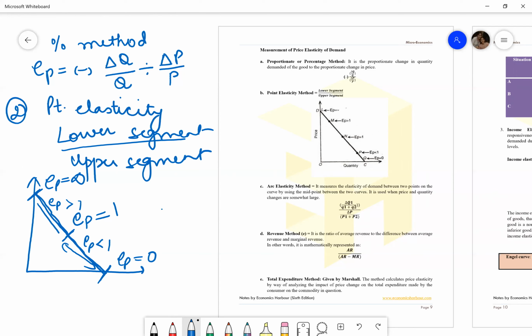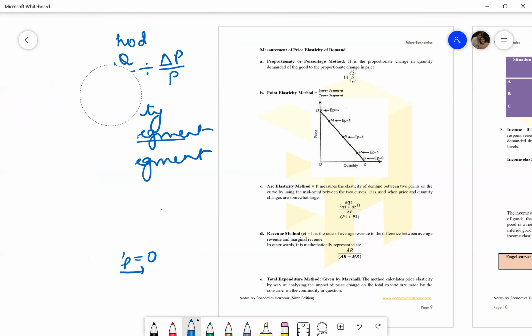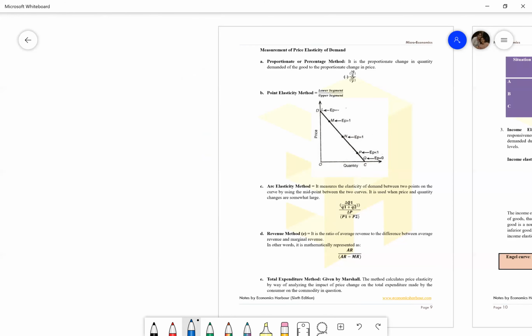The third method is the arc elasticity method. The arc elasticity method measures the elasticity of demand between 2 points on the curve by using the midpoint between the two points. It is used when the changes are somewhat large.